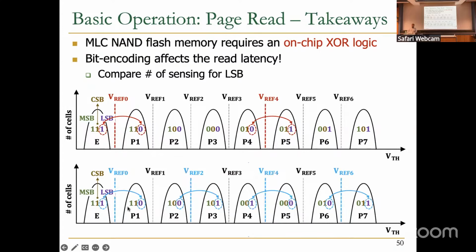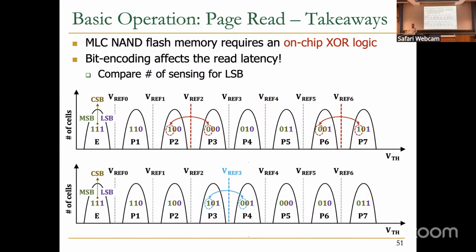But in the bottom encoding, we need to apply 4 reference voltages. For MSB, in the top, we need to apply 2. But the bottom is actually very good for MSB because we need to apply only 1 reference voltage. So that gives you some idea that encoding would affect the latency.